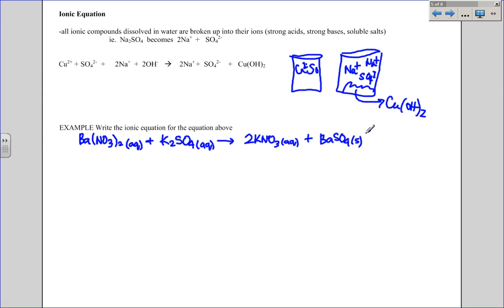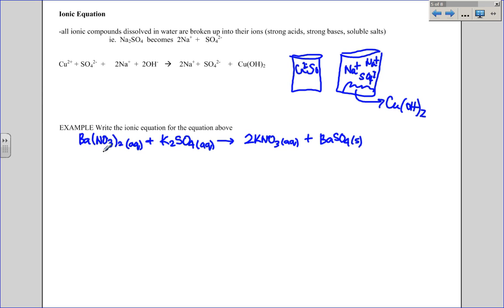So this was the equation that we are working from. This is the molecular equation, and when we want to write the ionic equation, what we need to do is systematically break anything up that needs to be broken up into its ions. So for each substance, we decide if it's broken up, and then we'll break it up with the appropriate coefficients and charges.